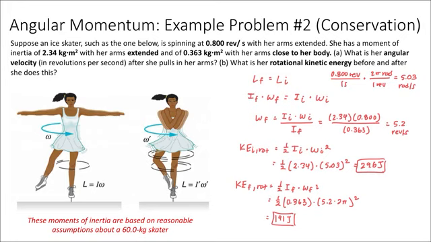And this is the exact same as if a person was running and they're burning calories in order to give themselves kinetic energy, or a car was burning fuel in order to spin the axles of their wheels faster, in order to go forward and give themselves more kinetic energy. So it's just a reduction of one kind of internal energy for another. All right, and that is an example of conservation of angular momentum when dealing with an object that changes both its moment of inertia and then resulting angular velocity.